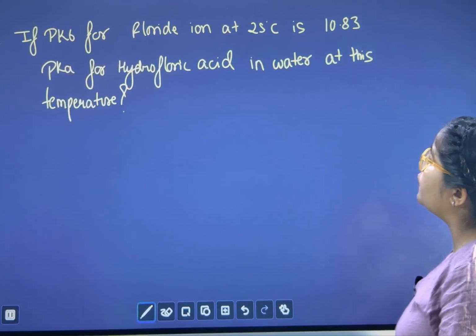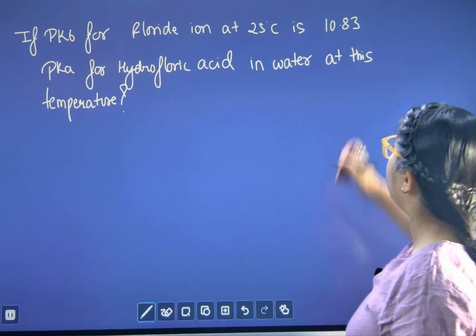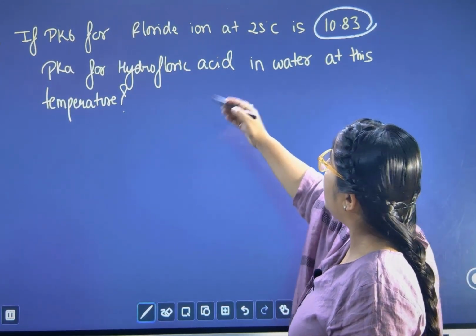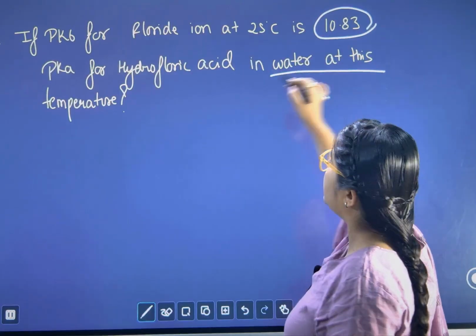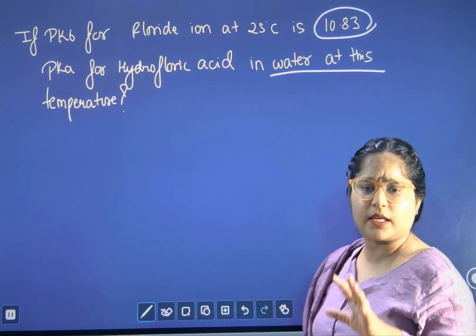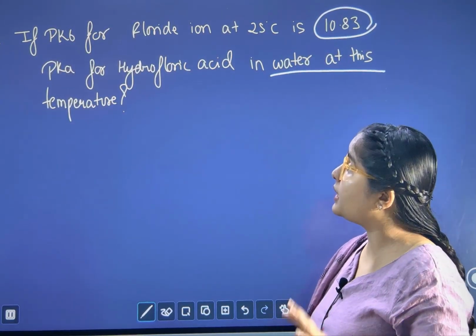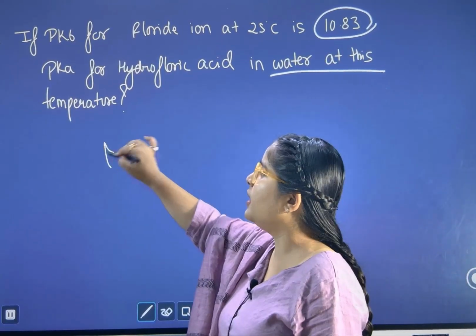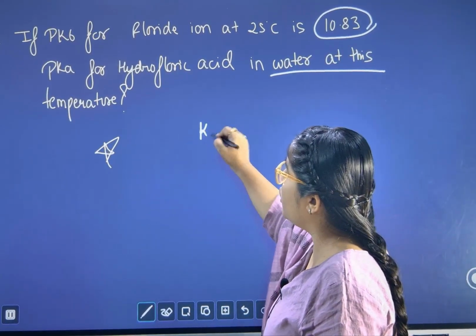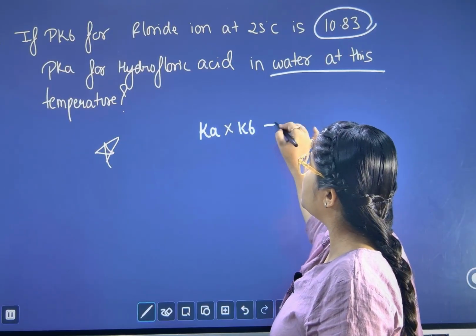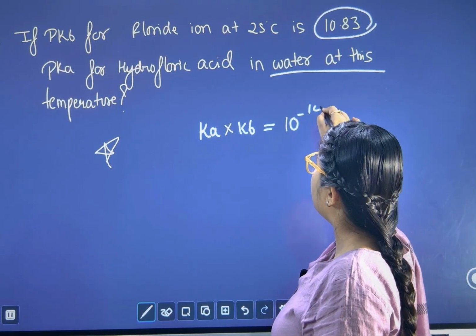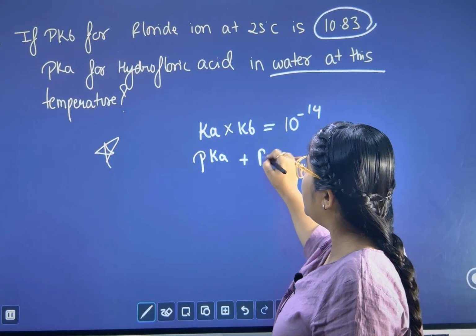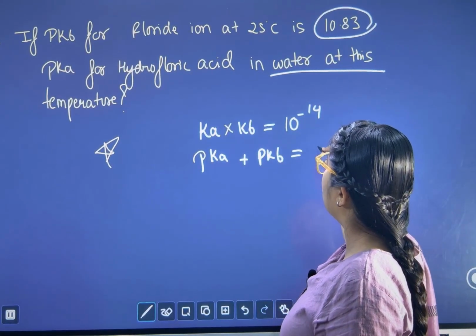If pKb for fluoride ion at 25 degrees centigrade is 10.83, pKa for hydrofluoric acid in water at this temperature is? So the temperature is the same. What are they asking? pKa. What have they given? pKb. So just now I have taught you one relation. Even if you don't remember, we know Ka into Kb is equal to 10 to the power minus 14. So from here pKa plus pKb is equal to 14.